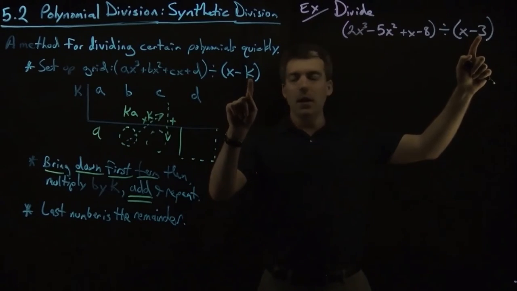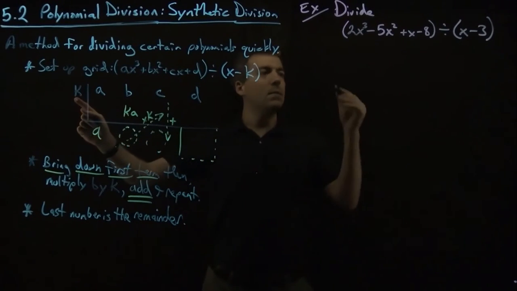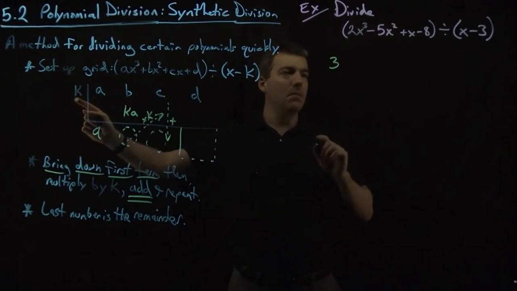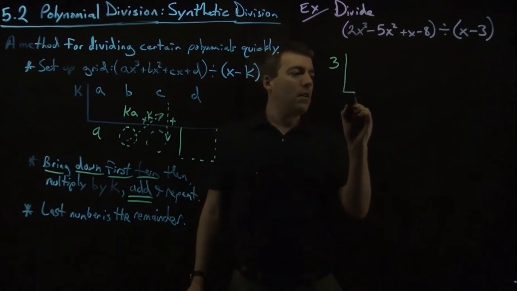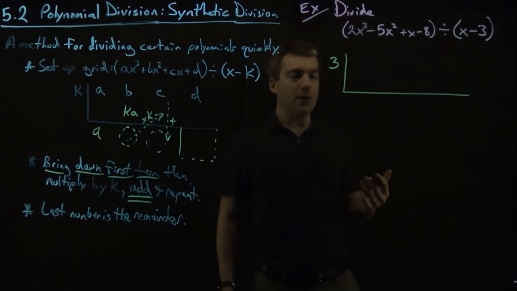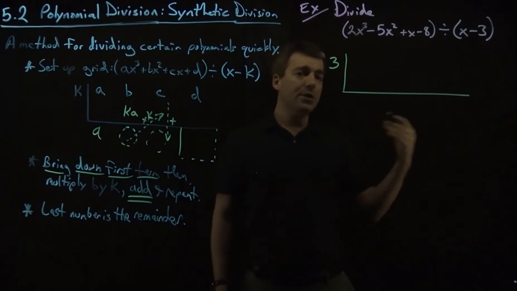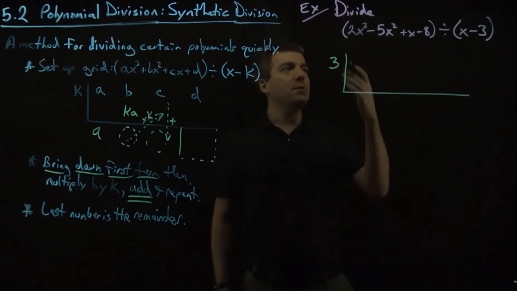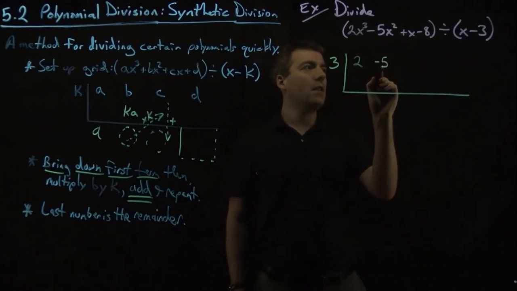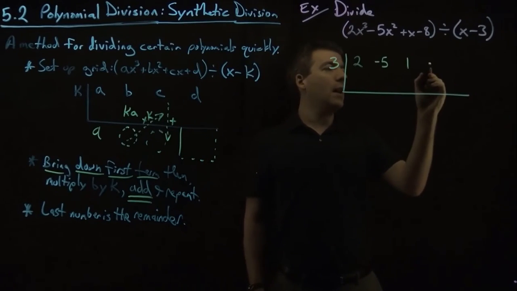Therefore, 3 is the number that we should start with outside. Not negative 3, 3. All right, we'll draw a bar, and now we'll write down all the coefficients, starting with the largest, going to the constant term. So 2, negative 5, 1, and negative 8.